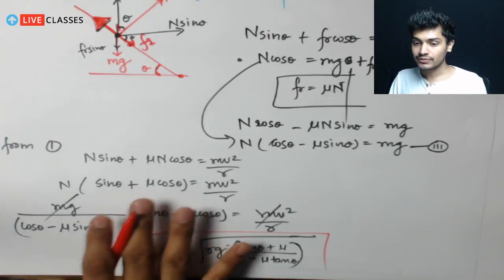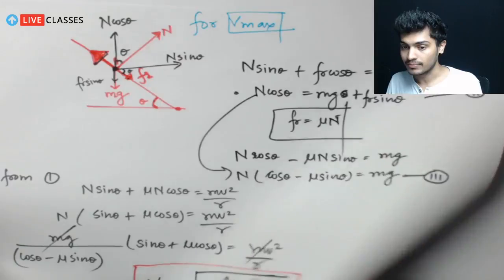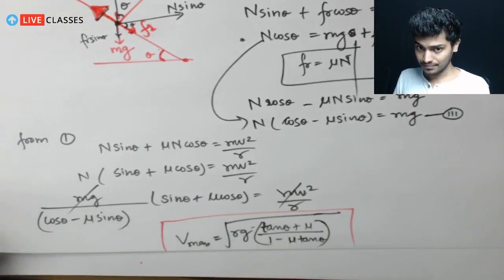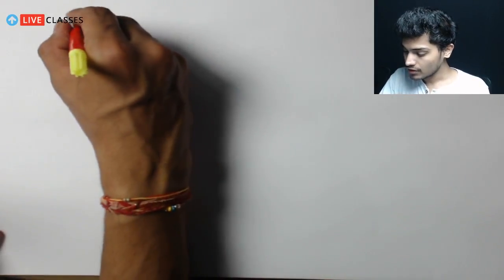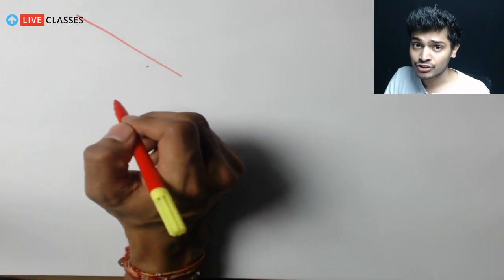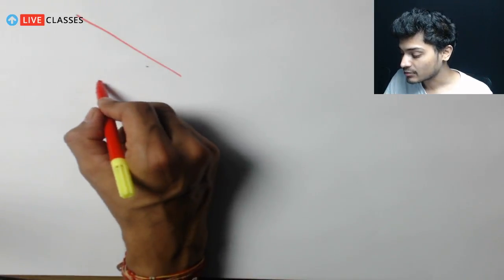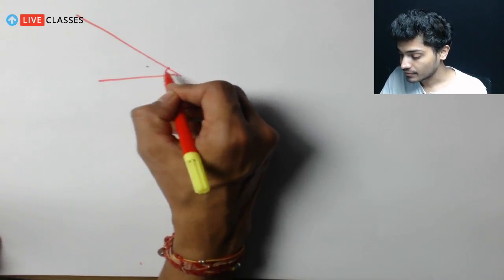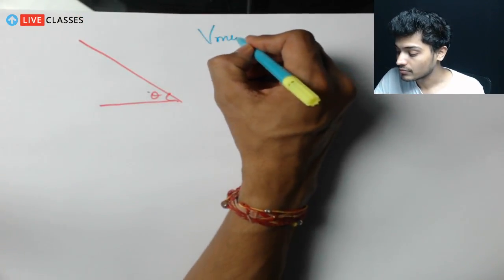So similarly we will have to apply the same approach for V minimum. In case of V minimum, we just have to take care of the direction of friction, in which direction friction will act for the maximum and minimum cases respectively. So let's discuss the case of V minimum.